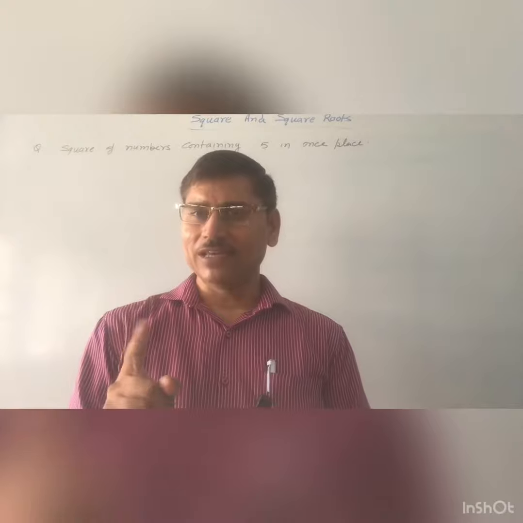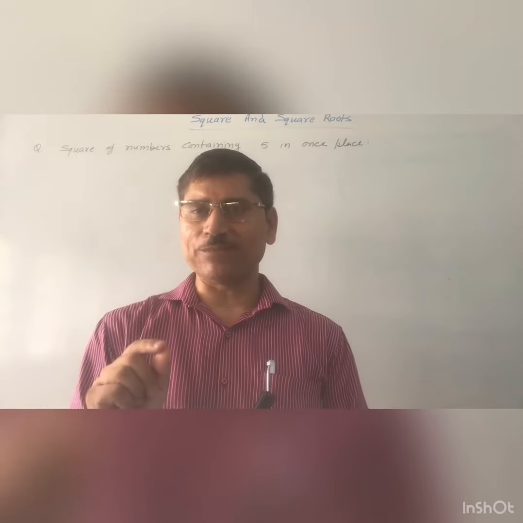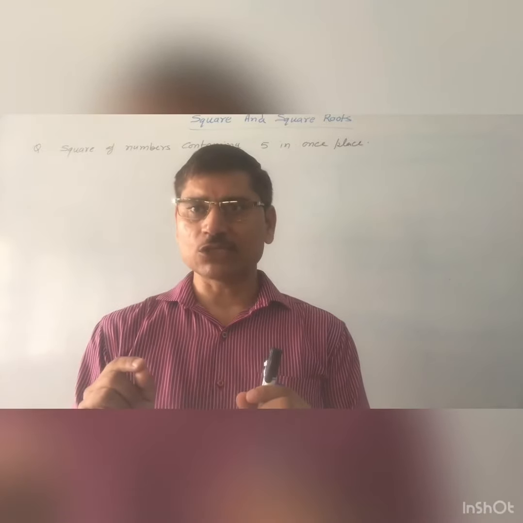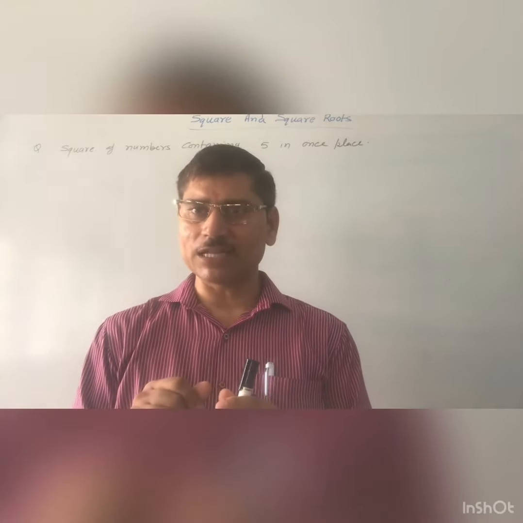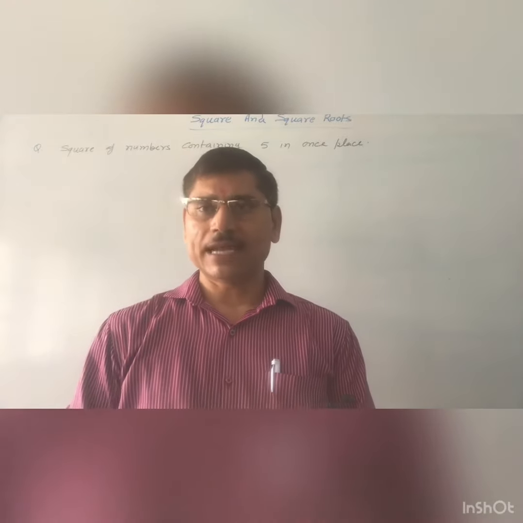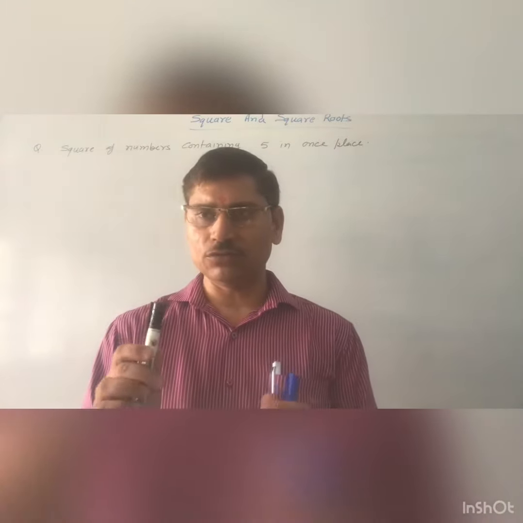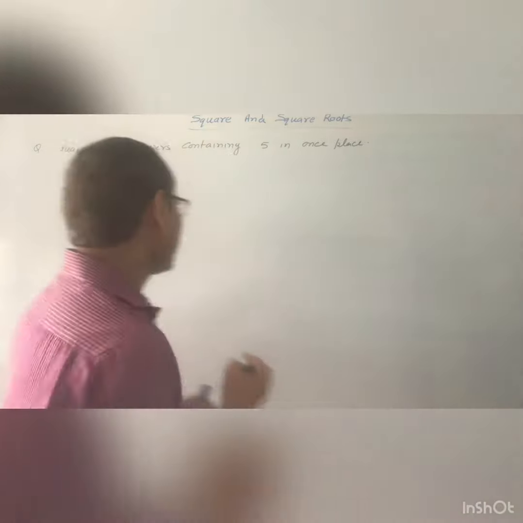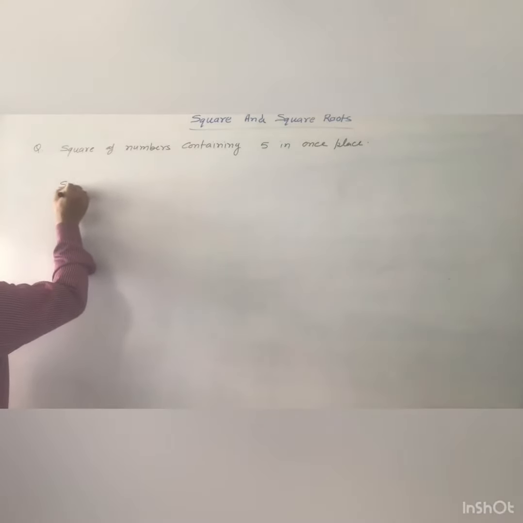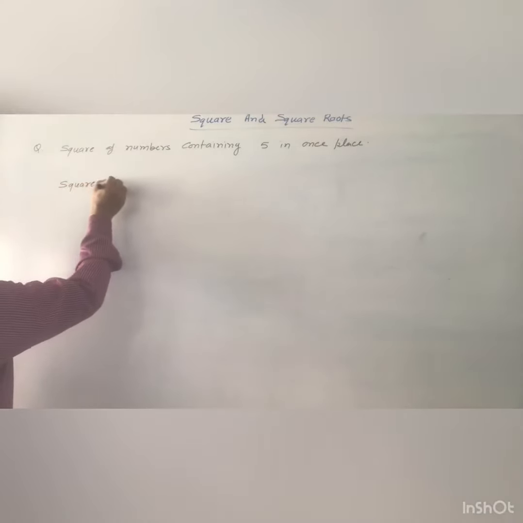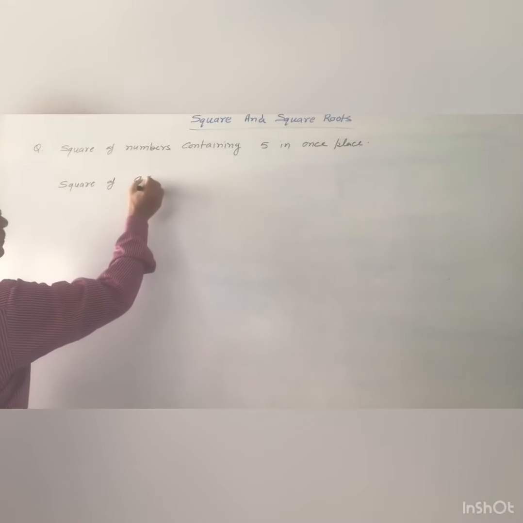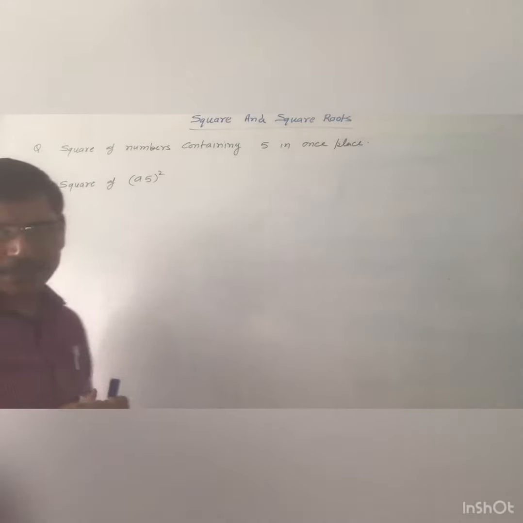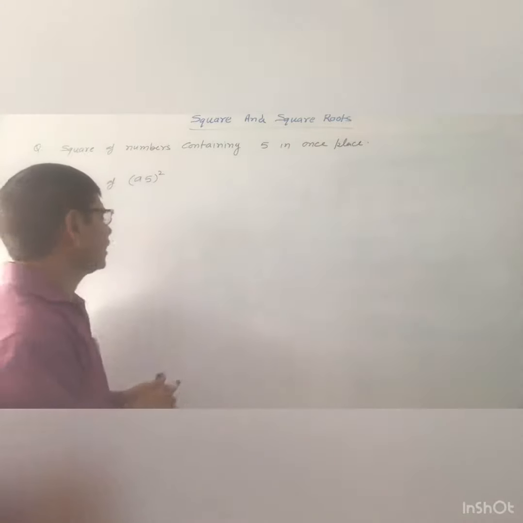Now square of a number containing 5 in one's place, that is unit place। अगर यूनिट प्लेस पर 5 है तो उसका स्क्वायर आप कैसे करेंगे, इसका भी मेथड आपको बता देते हैं। तो चलिए आइए देखते हैं। First of all you know about the rule, इसका रूल क्या है पहले रूल समझ लीजिए। So square of A5, इसका आपको स्क्वायर करना, मीन्स वंस प्लेस पर आपका 5 है, ठीक है। तो आपको क्या करना होगा?